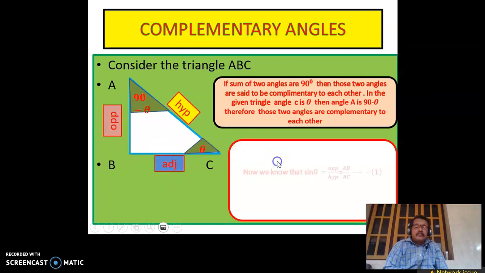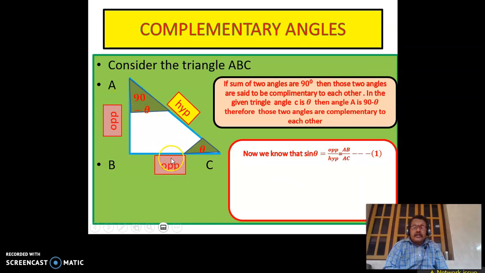Now consider sin theta. Sin theta equals opposite by hypotenuse, AB by AC. Now consider 90 minus theta.